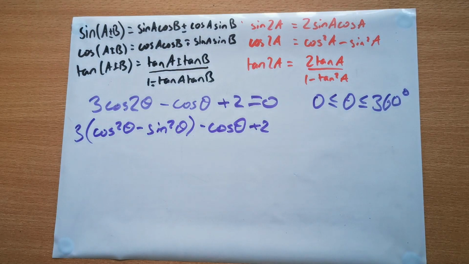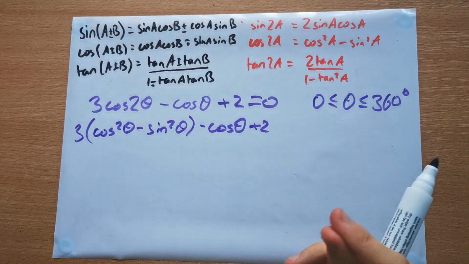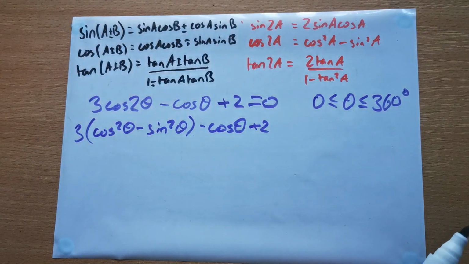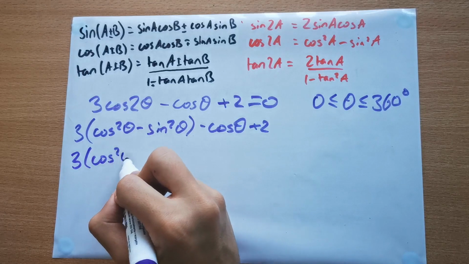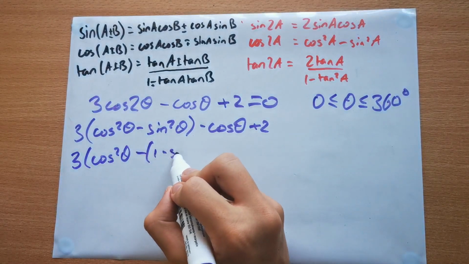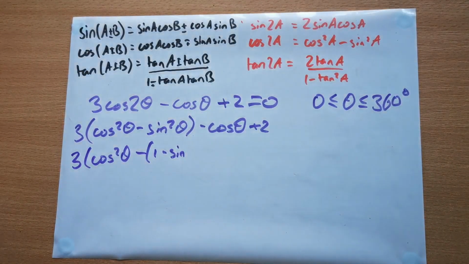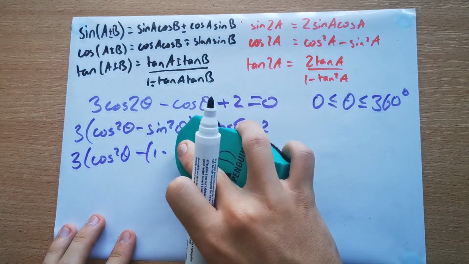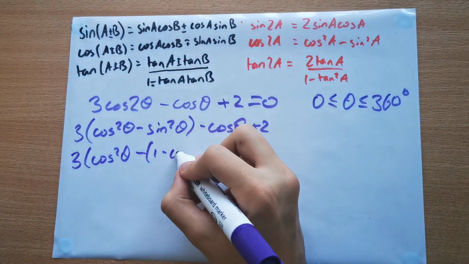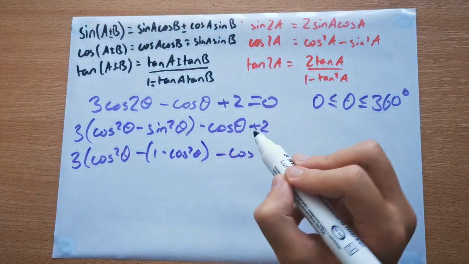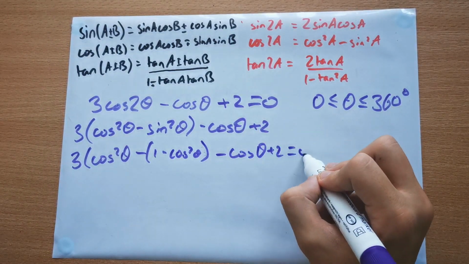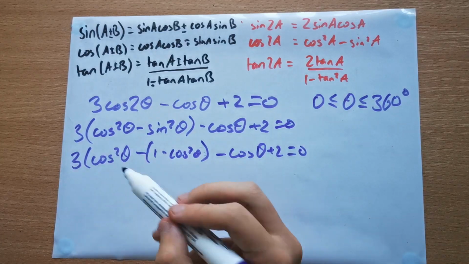Now sin squared theta, we know, can be rewritten as 1 minus cos squared theta. So 3 brackets cos squared theta minus, and that's what we're rewriting, 1 minus cos squared theta, minus cos theta plus 2 equals 0. So let's expand.